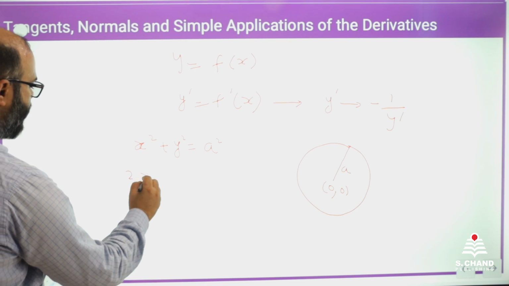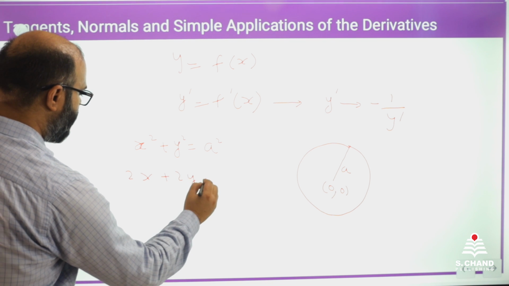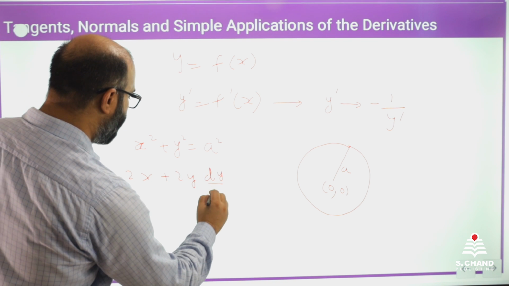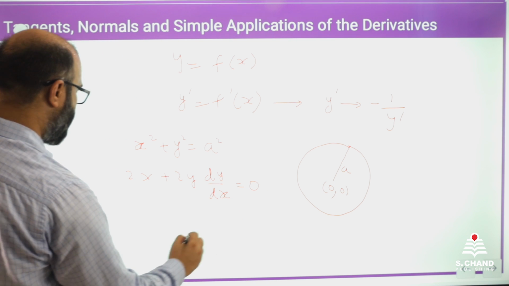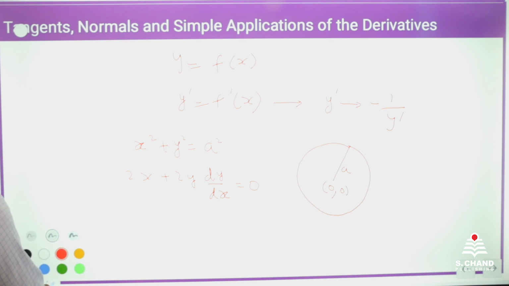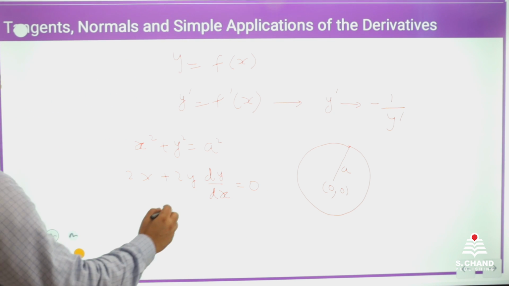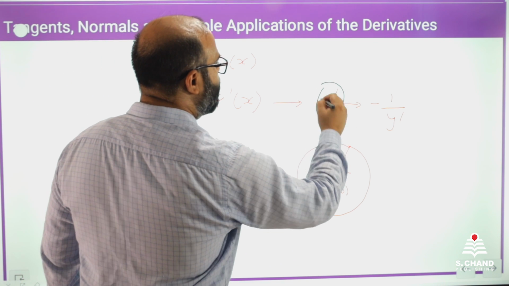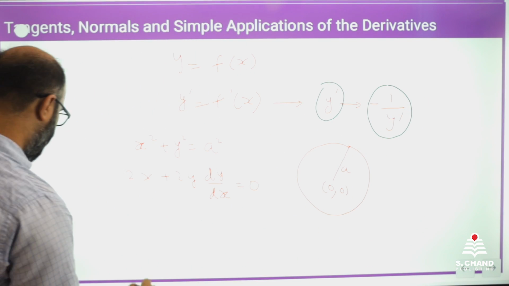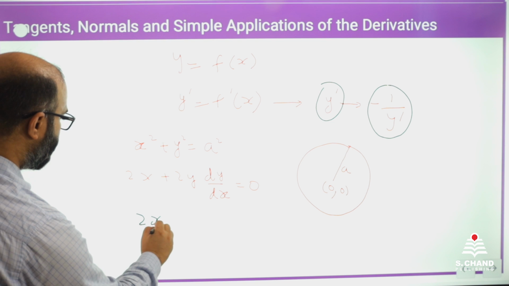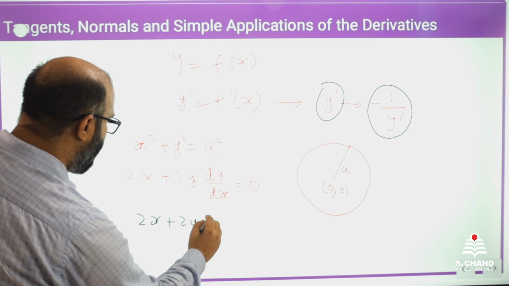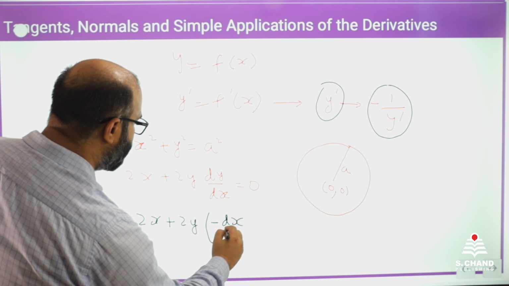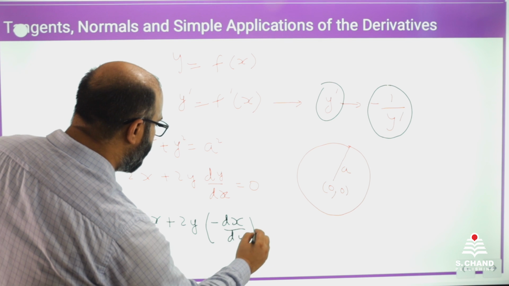When you differentiate, you will get 2x plus 2y dy by dx is equal to 0. Now you take dy by dx as minus 1 by y dash. So you take it as 2x plus 2y times minus dx by dy, and this is equal to 0.